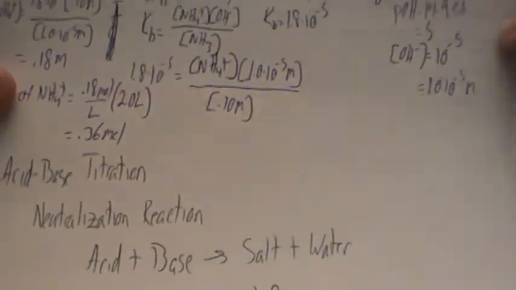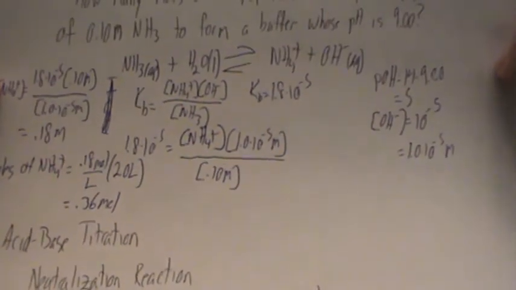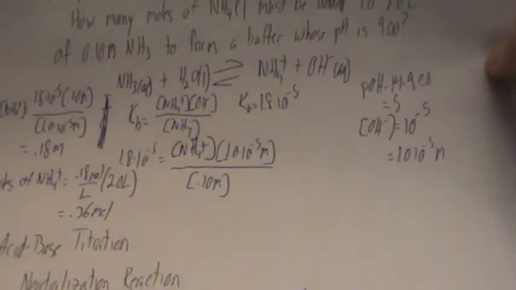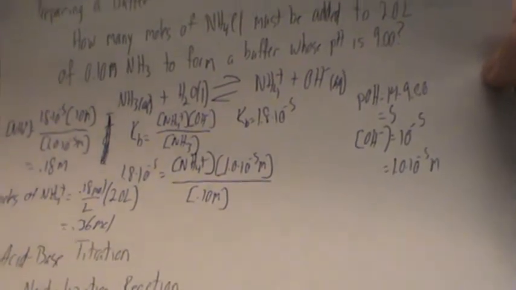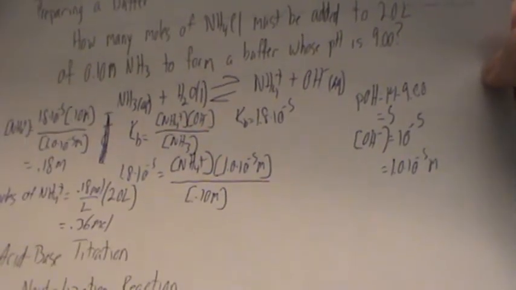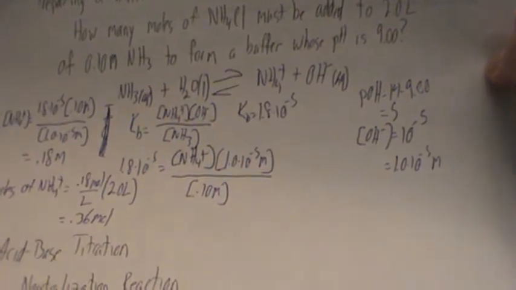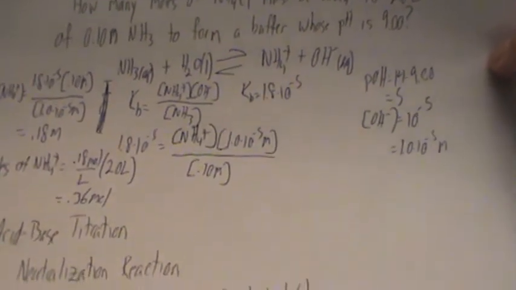We need to add in 0.36 moles. Now, can we convert that to grams? Yes, if the ammonium chloride was in solid form. If it's in liquid form, we can figure that out as well.